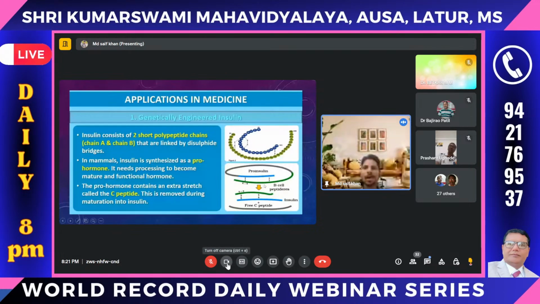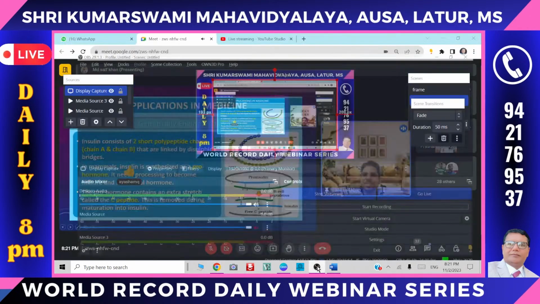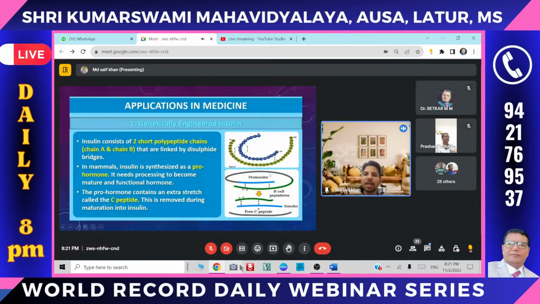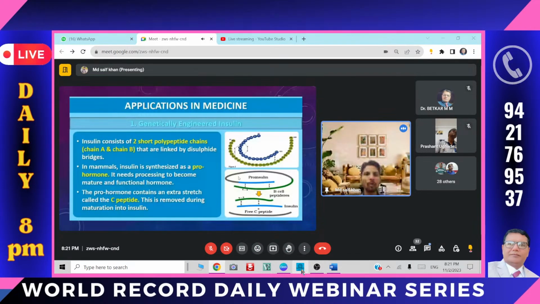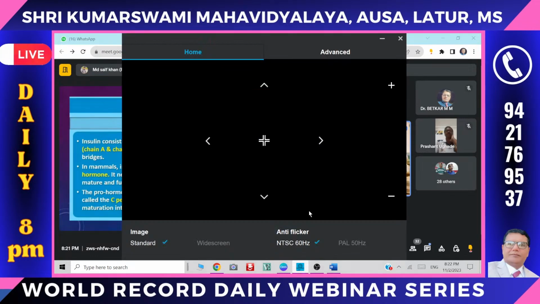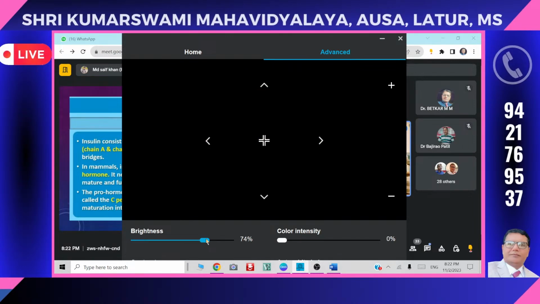Now proinsulin also has a C peptide. This gray colored chain is the C peptide chain. We have to remove this C peptide chain to convert the prohormone into the activated or functional hormone, right? So it is removed during the maturation process.